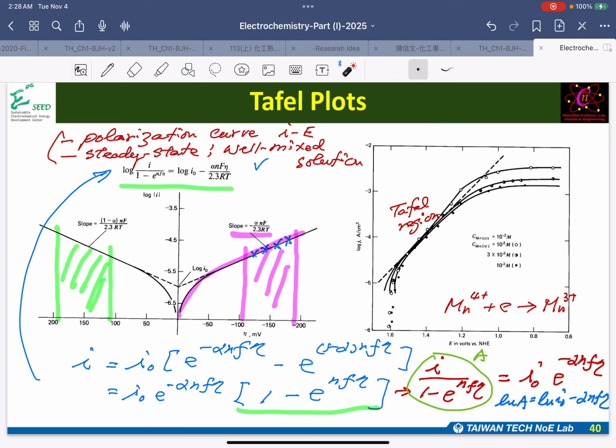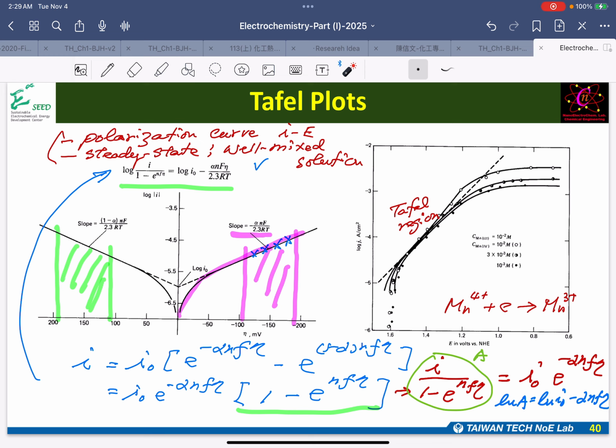Of course, once you have this kinetic equation, we can extract the kinetic parameters like exchange current I0, or exchange current density, or the alpha transfer coefficient, either from the Tafel plot, or you measure data near the equilibrium condition, and you can extract the I0.